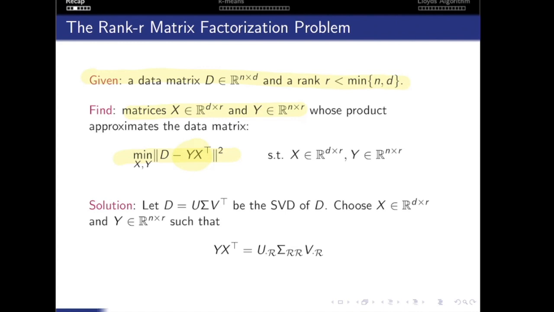Truncated SVD was that if we have the full SVD, then we choose the matrices X and Y such that the approximating matrix Y times X transposed takes the truncation of this SVD. So we take the first R columns of U and V, and also select from the diagonal matrix sigma the top singular values.